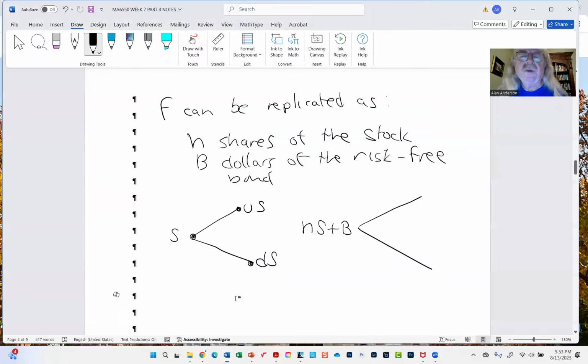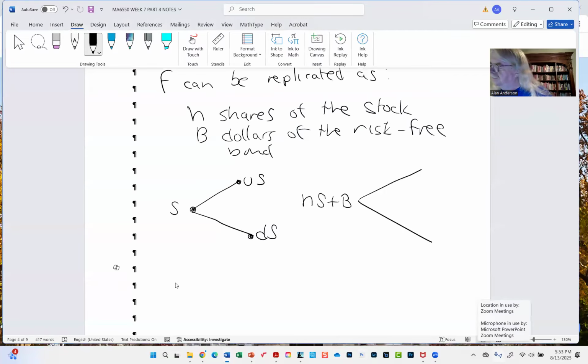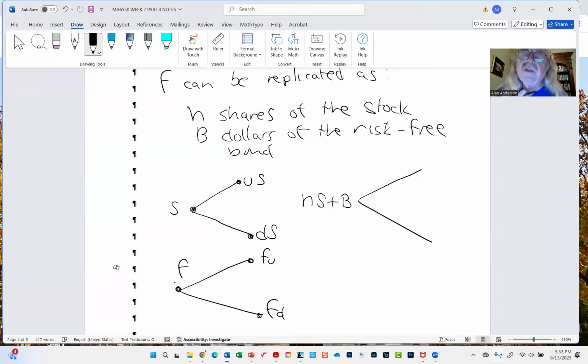So actually we need 3 trees for this one. Now in the upstate, if the stock goes up, the stock will be worth US. Now the bond will earn the risk-free rate of interest. So its future value is... okay.